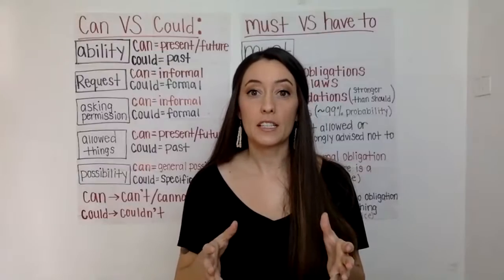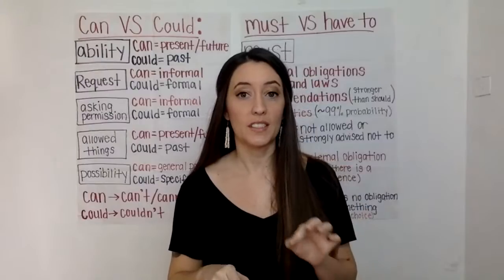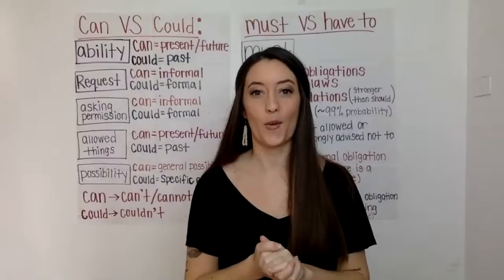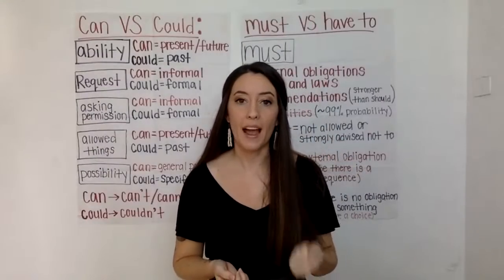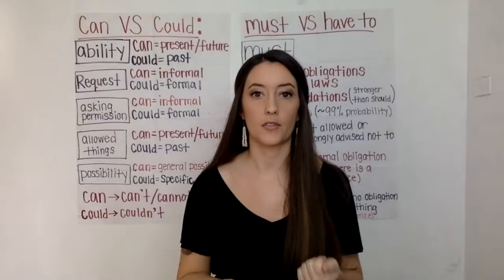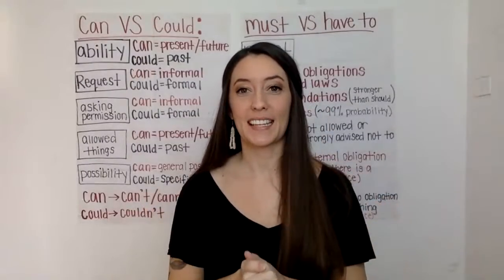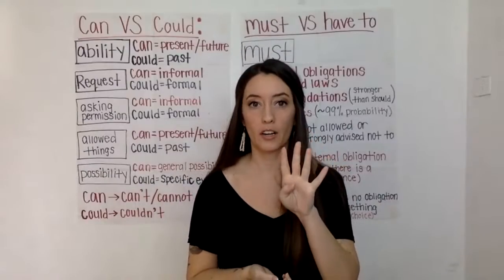One way they're different is that when we are using a modal verb in third person singular, we don't add an S to it. It stays the same always. Another way it's different is that typically it's followed by the base form of another verb. There are many modal verbs in the English language, but today we are just going to focus on four of them.